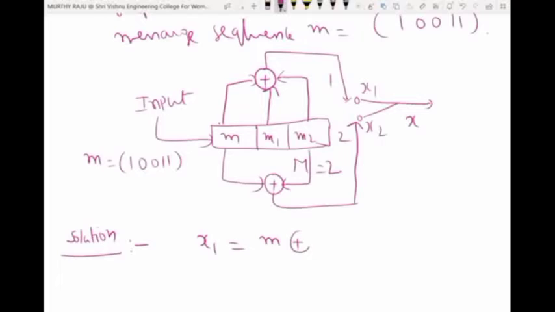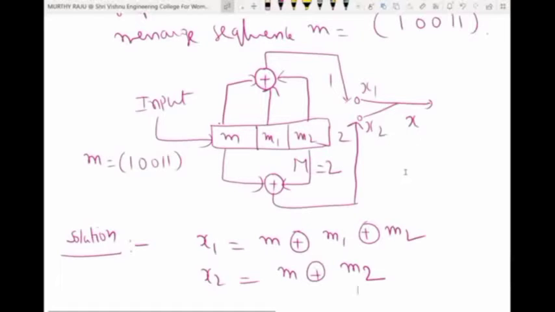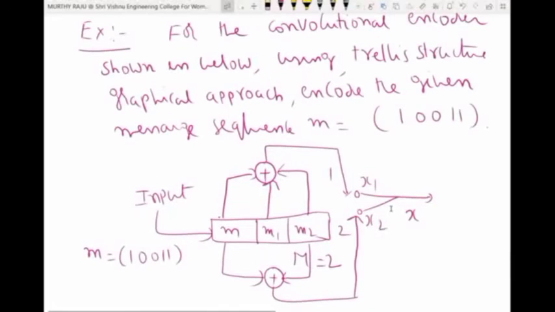X2 is equal to M exclusive or with M2. These are the two outputs of the convolutional encoder.